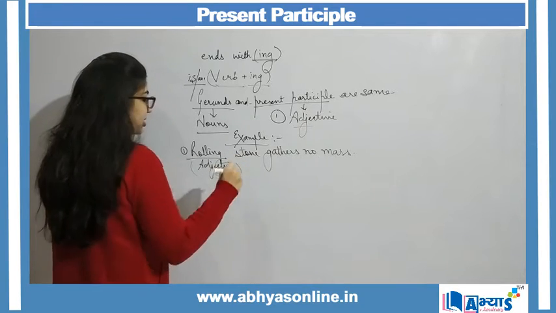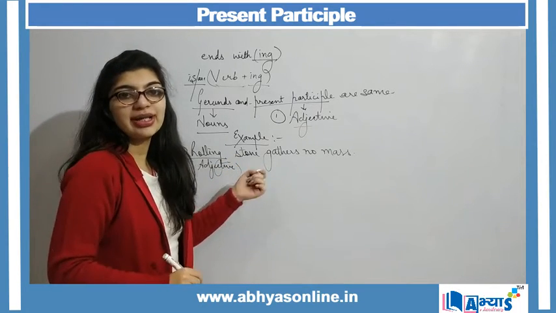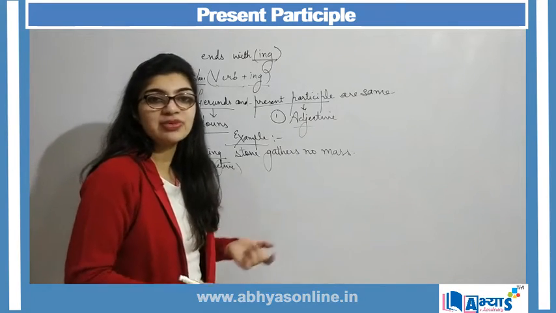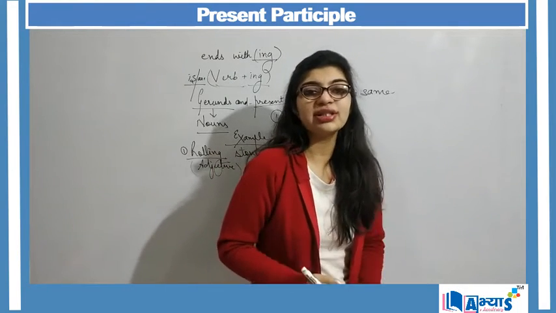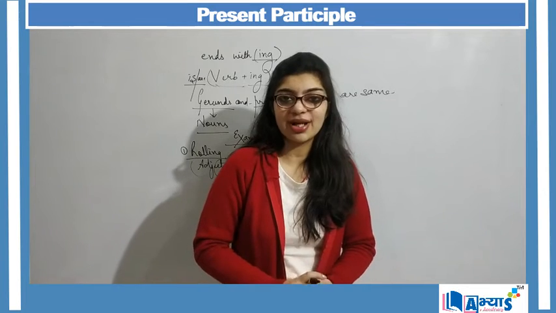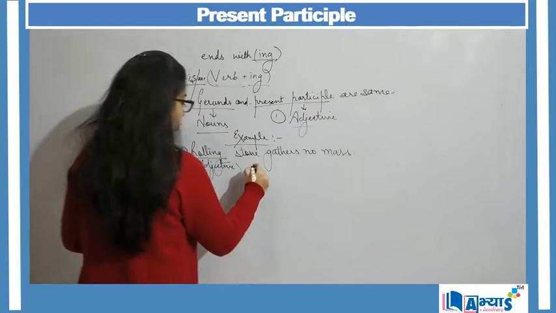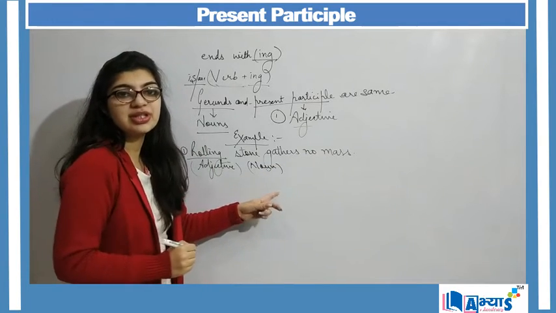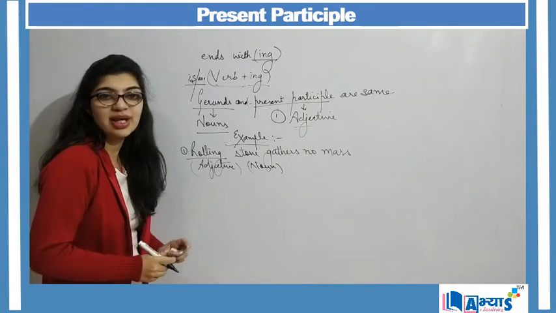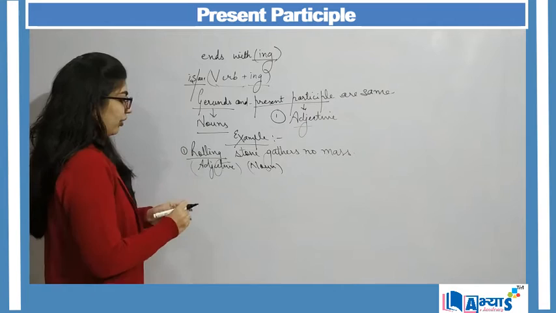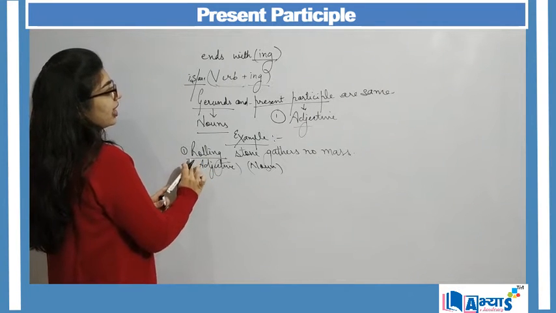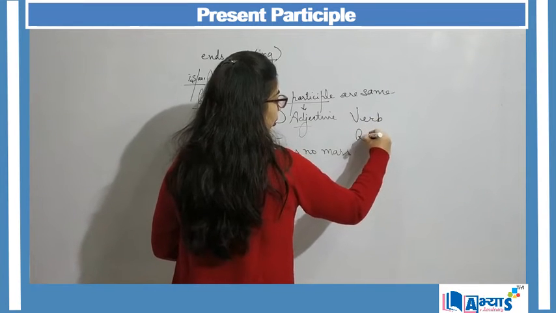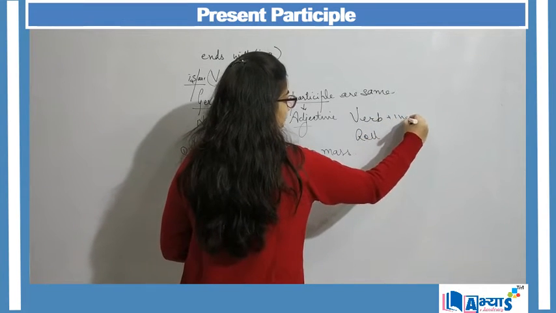Why? Because what kind of stone? It is a rolling stone. So here rolling basically describes a stone and all the describing words are referred to as an adjective. Now stone is my noun and any word which describes the noun is referred to as an adjective. And I know that verb is roll. Verb is roll plus ing.